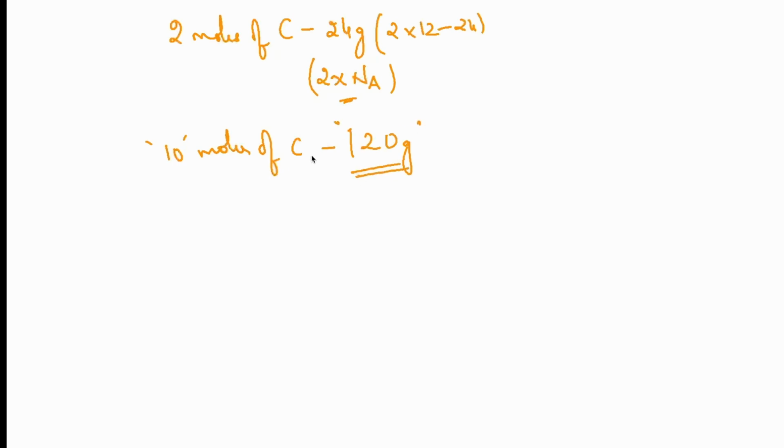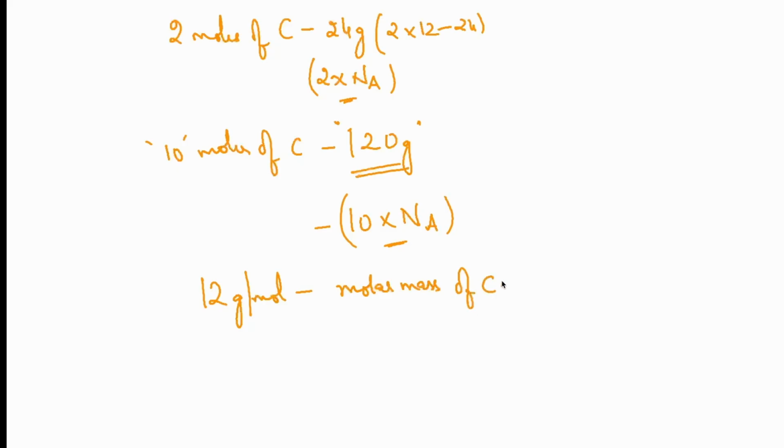Okay, so 10 moles of carbon would weigh 120 grams and would contain 10 x Avogadro number of carbon atoms. So by this we can say that 12 grams per mole is the molar mass of carbon.